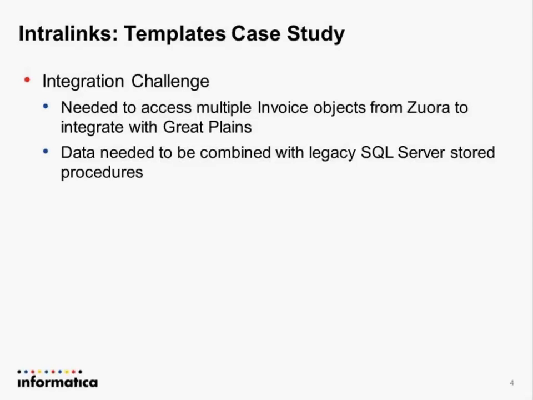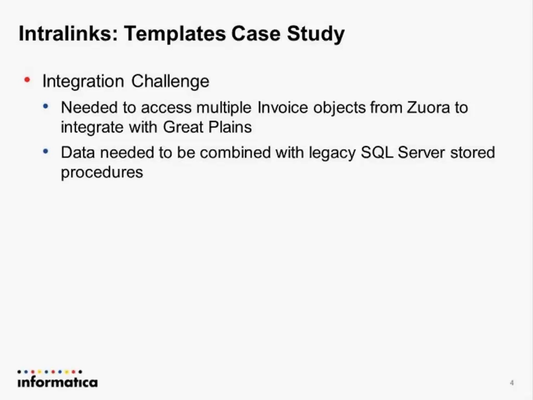So with that, let's jump right into Intralinks and let's go into the case study. Essentially, Intralinks needed to access a lot of invoice objects from Zuora, and they needed to integrate that with Great Plains. And the data there needs to be combined with a lot of legacy SQL Server stored procedures.